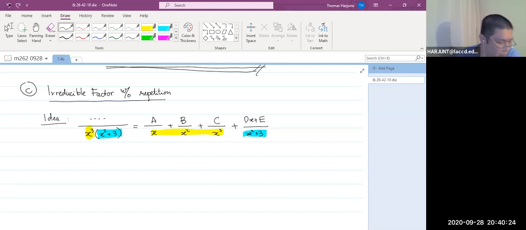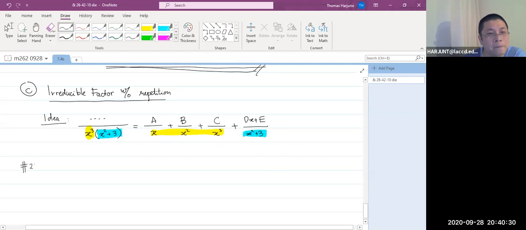Now let's do a problem right away. Let's say we do number 24. We have the integral of x squared minus x plus 6 over, let me factor it out of the way, x times (x squared plus 3) dx.